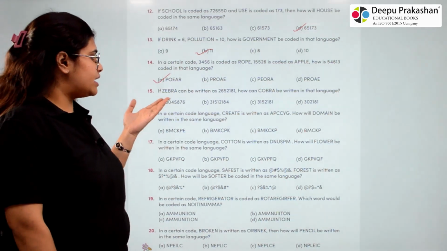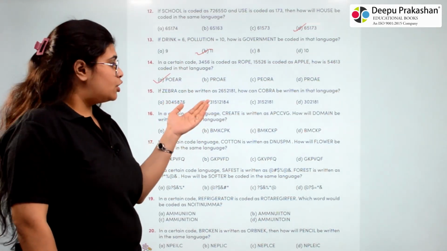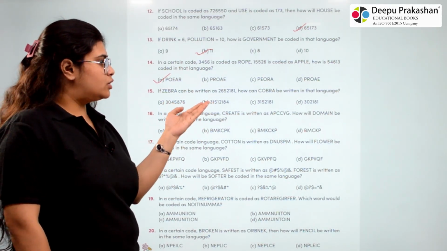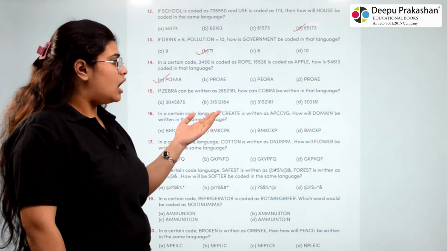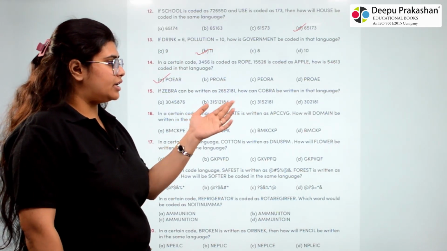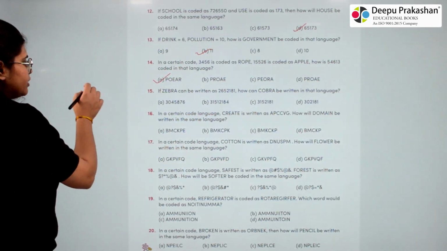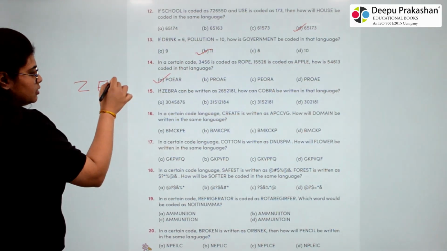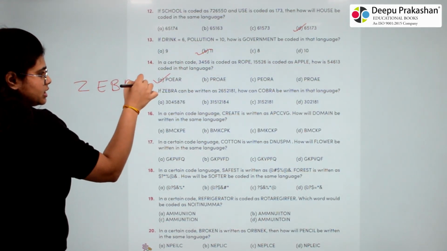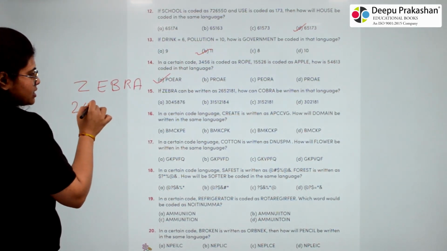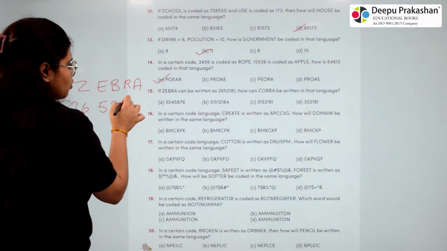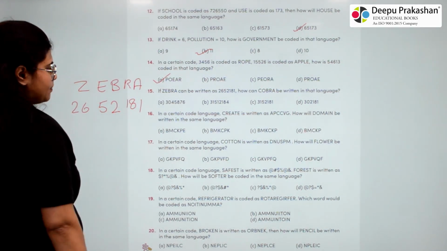15. If zebra can be written as 2652181, how can cobra be written in that language? So here we are given that zebra is written as 2652181.